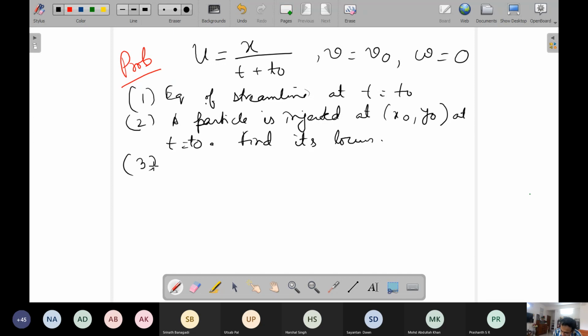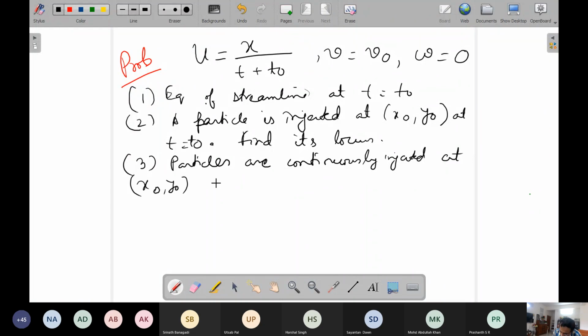And number three, that particles are continuously injected at x0 y0 from t equal to t0 to now.